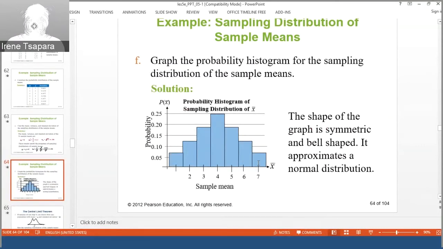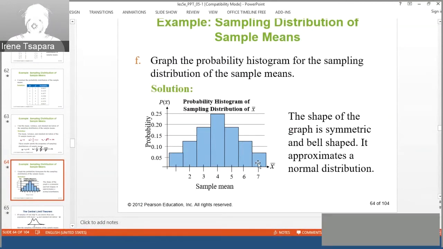Now we want to graph the probability histogram for this sampling distribution of the sample mean. What did you realize? Looking at the histogram, it's obvious that this histogram is very symmetric and very well bell-shaped. So what happened? We took a population.